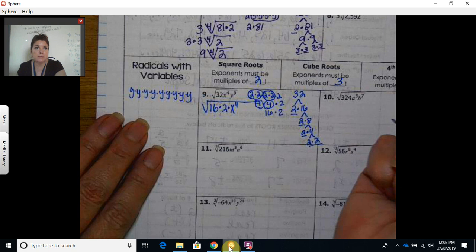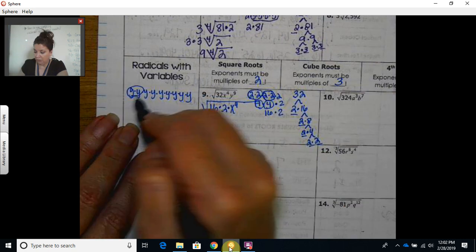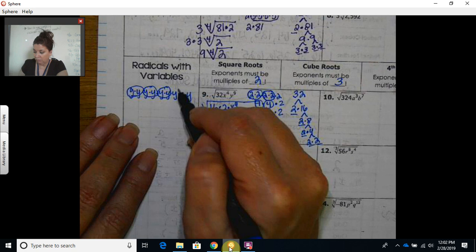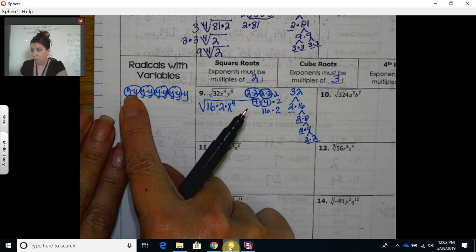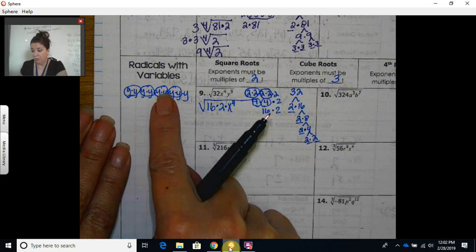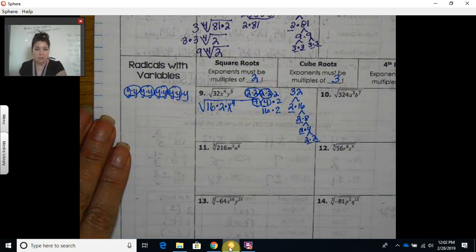So if you need sets of 2, do we have a perfect square in y to the 9th? Well, we do, right? We got y squared's perfect, y squared's perfect, y squared's perfect, y squared's perfect. How many sets of perfect squares do we have? 4. Okay, so think about it like this. Y to the 9th is not a perfect square. 9's a perfect square, but not as an exponent.